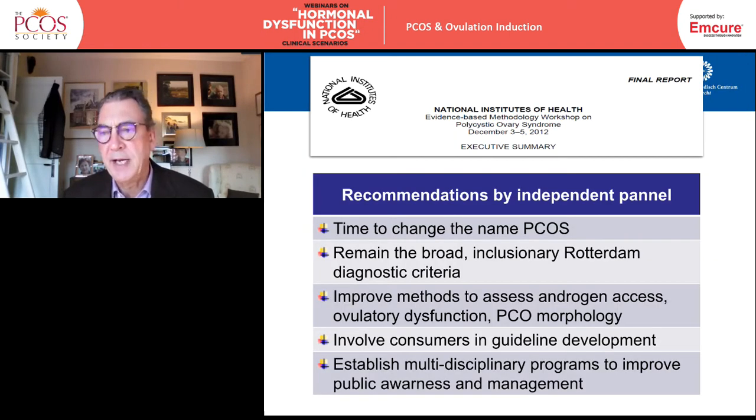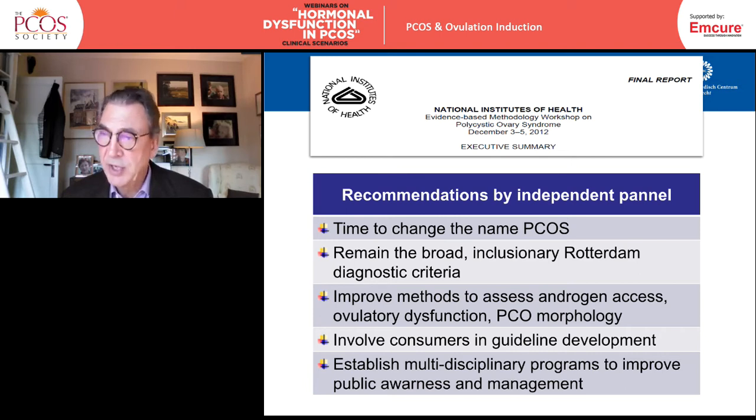Now, there has been a lot of debate about this: how valid are these criteria, is it heterogeneous, and what does it mean? But I think a strong point, which at the end of the day made everybody accept the Rotterdam criteria, is that there has been a completely independent, evidence-based workshop organized by the NIH in Bethesda in the US, and they came up with several recommendations.